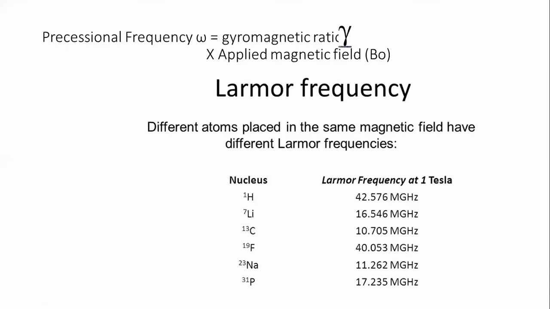Similarly, for 3 Tesla, you just multiply by 3: the applied magnetic field will be 3 and the gyromagnetic ratio will be the same, that is 42, and you get a new precessional frequency value. Similarly, lithium, carbon, fluorine, sodium, the protons in them all have different Larmor frequencies at the same magnetic flux density.